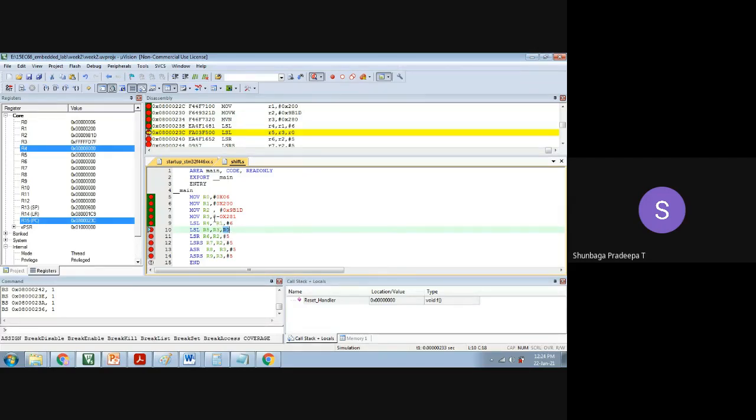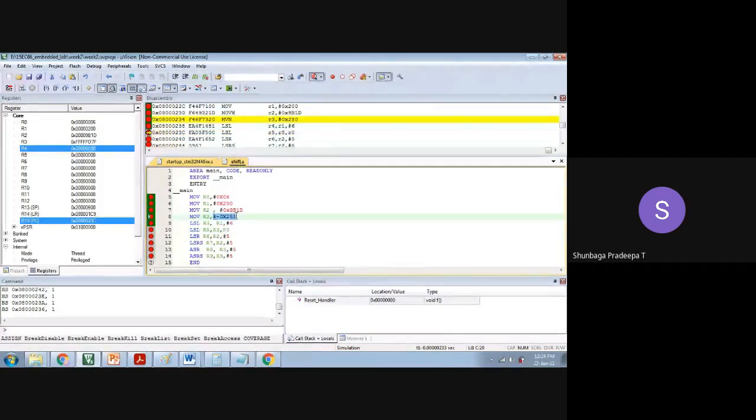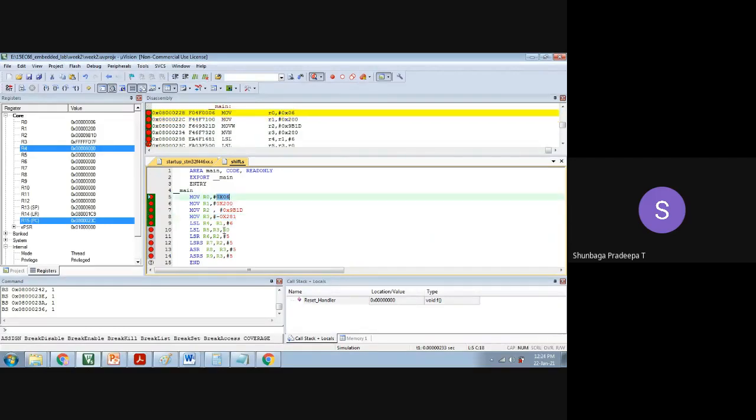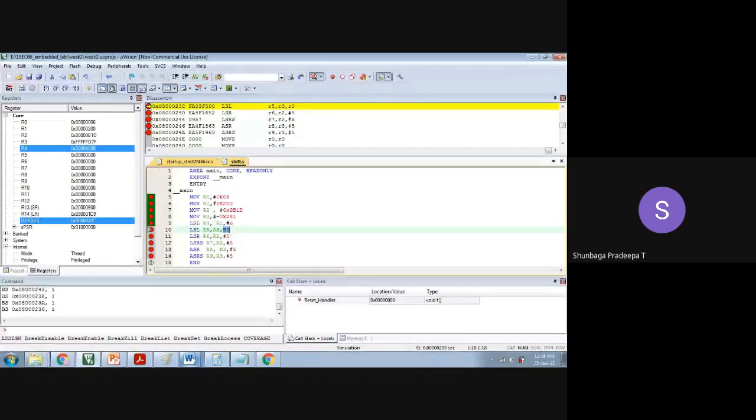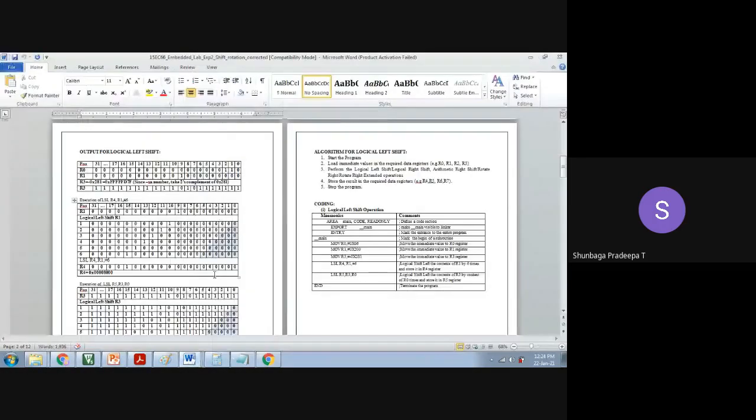R3 is loaded with minus 281, whose equivalent hexadecimal value we computed by 2's complement. R0 contains 6, so you have to shift this R3 value by 6 times. If you do that, you will get this value.